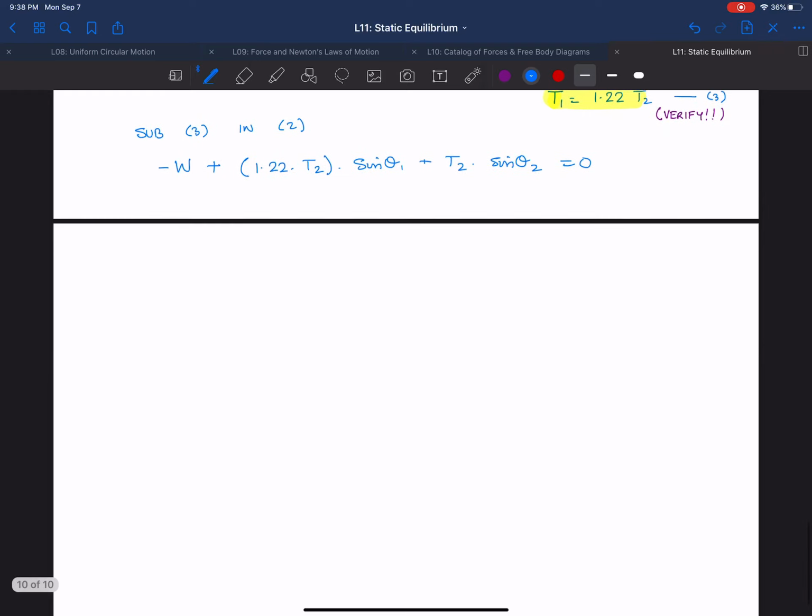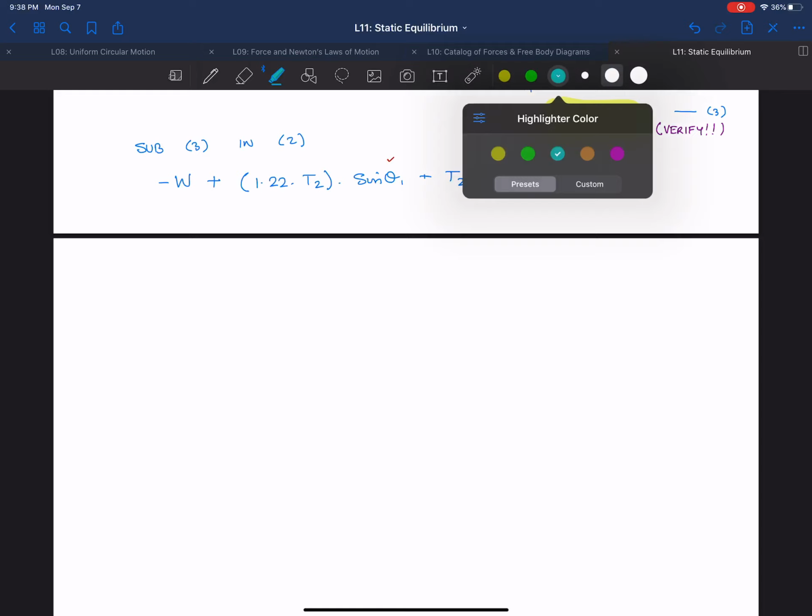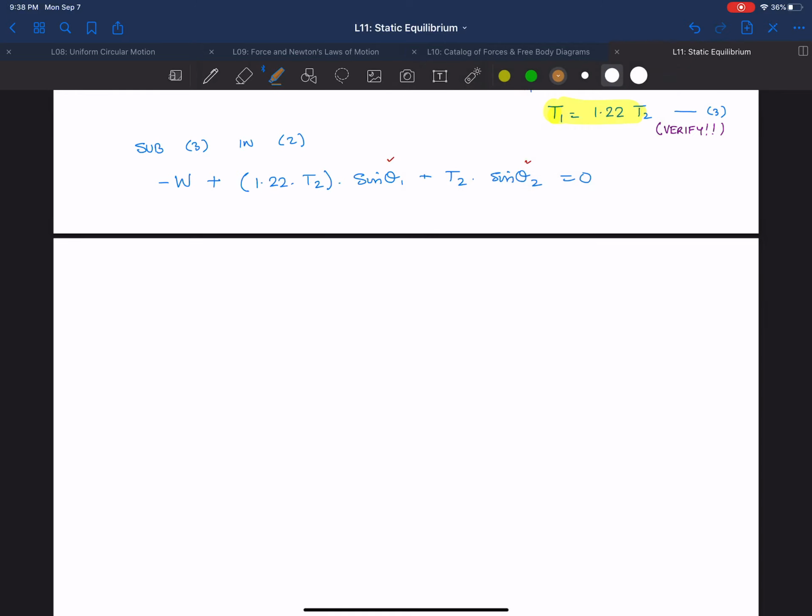is equal to 0. Again, these are known angles, so you can figure out these terms. But notice T2 appears here and here, so I can factor that out, a simplification we can do.